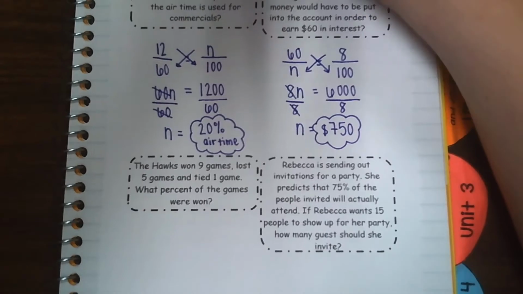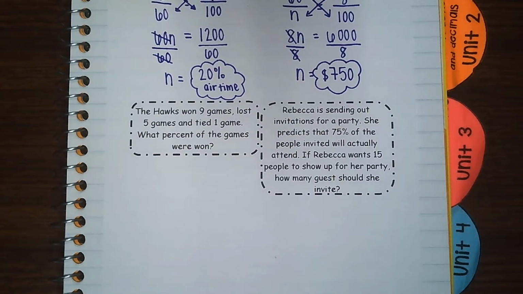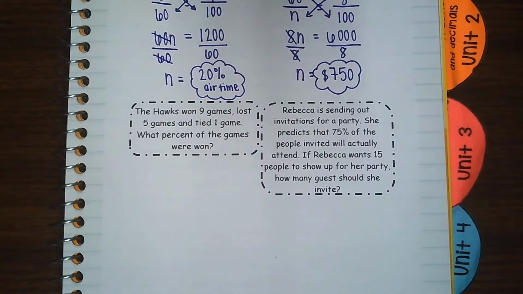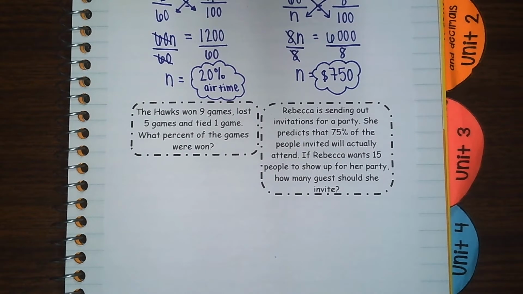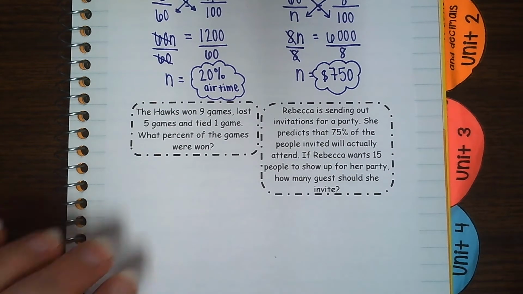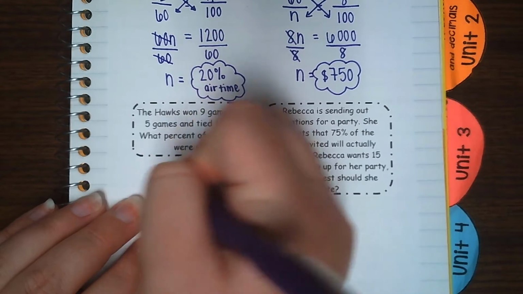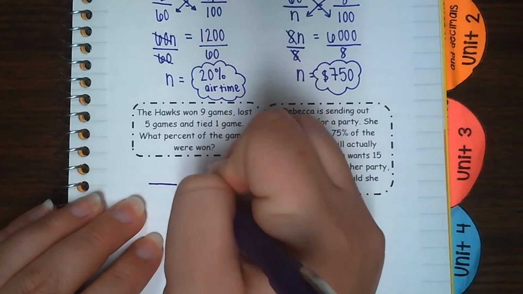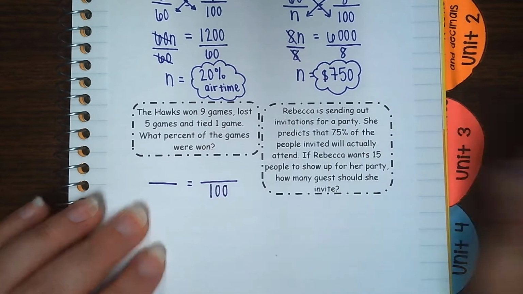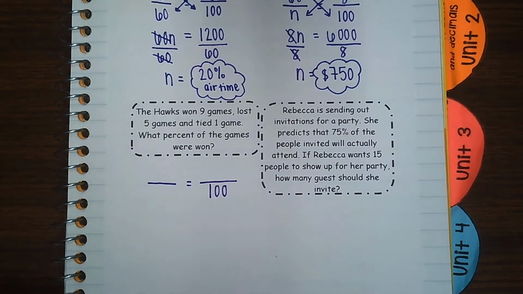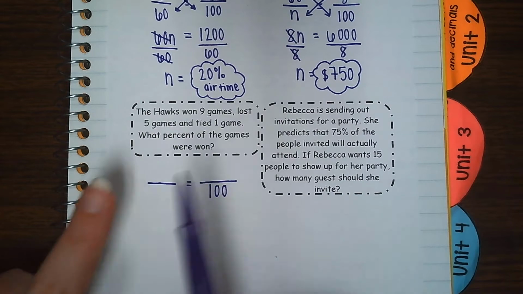Okay, bottom 2. The Hawks won 9 games, lost 5 games, and tied 1 game. What percent of the games were won? Okay. So we're going to do part over whole equals percent over 100. So blank over blank equals blank over 100. Okay, what percent?